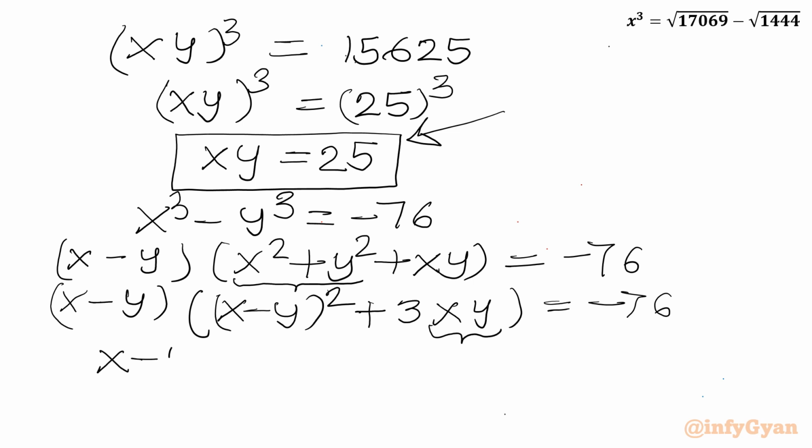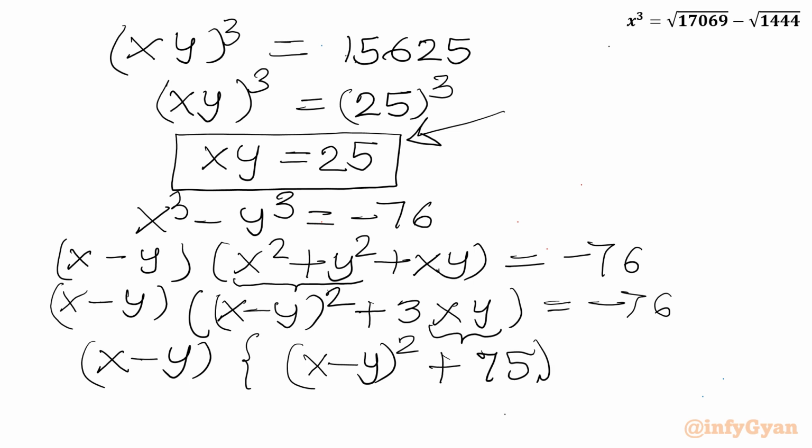So x minus y times x minus y whole square plus 3 times 25, 75, equal to minus 76. Now this will generate one cubic equation. Let us use substitution.